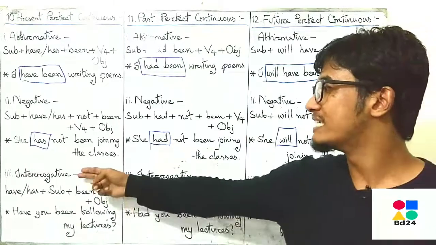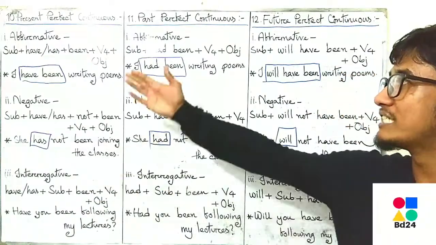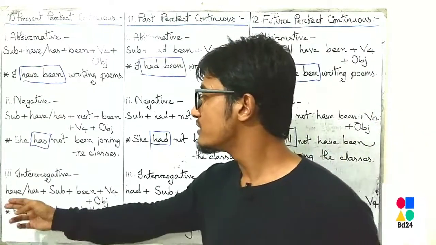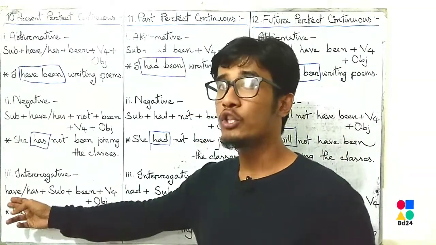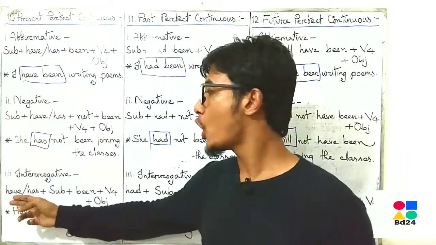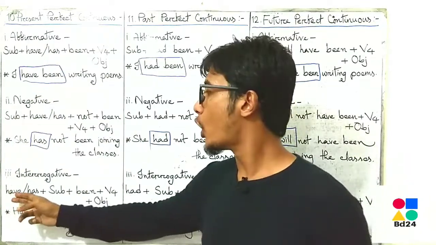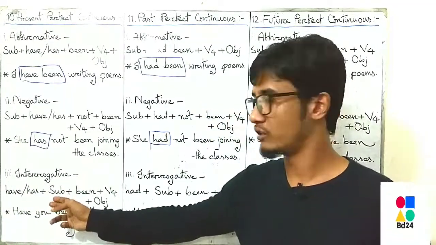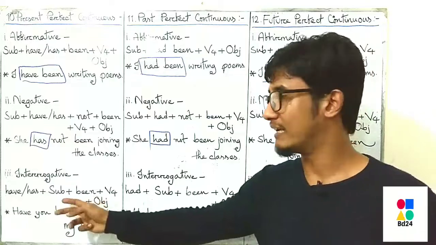And the last one is interrogative sentence. So let's see present perfect continuous as interrogative sentence. We start interrogative sentence with auxiliary verb as it is present perfect, either have or has. After this auxiliary verb, we put the subject, and after the subject, been.